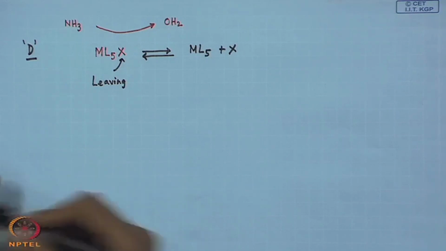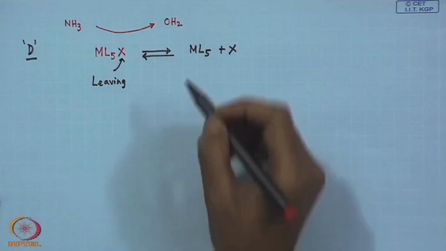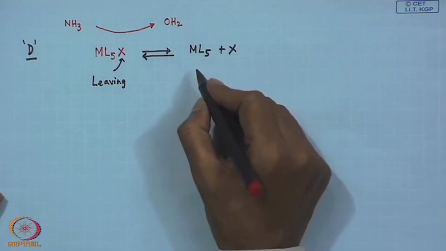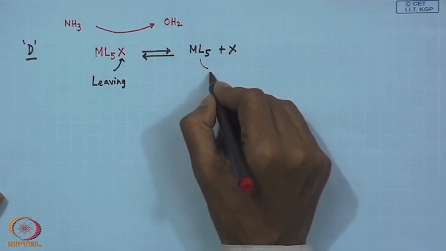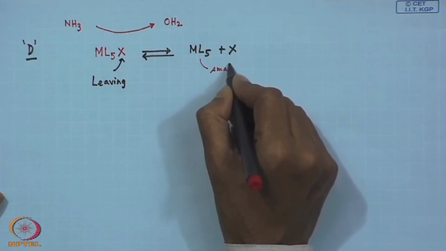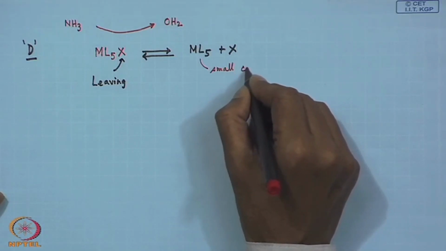We can assume a very small concentration of this intermediate, as a hypothesis for a steady state approximation, with the progress of the reaction.